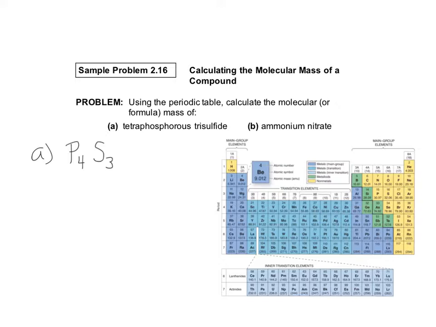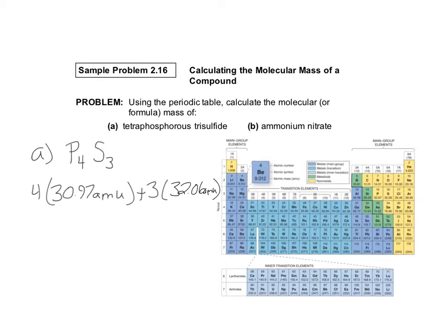Let me find phosphorus first. Here's phosphorus number 15, 30.97. So 30.97 AMU, and I've got 4 of those. So 4 times 30.97 plus 3 times, let's see what the atomic mass of sulfur is. Sulfur, 32.06 AMU.